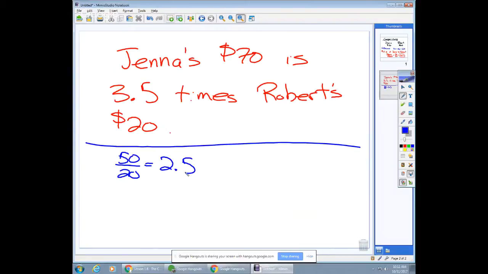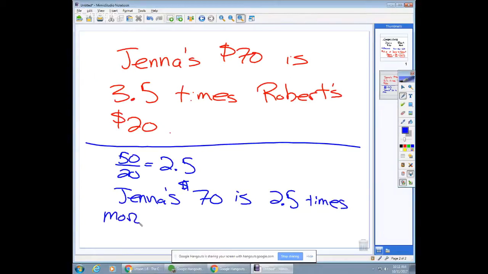So then I could say something like Jenna's $70 is 2.5 times more than Robert's $20. Okay, so that's the accurate way of using those two ratios.